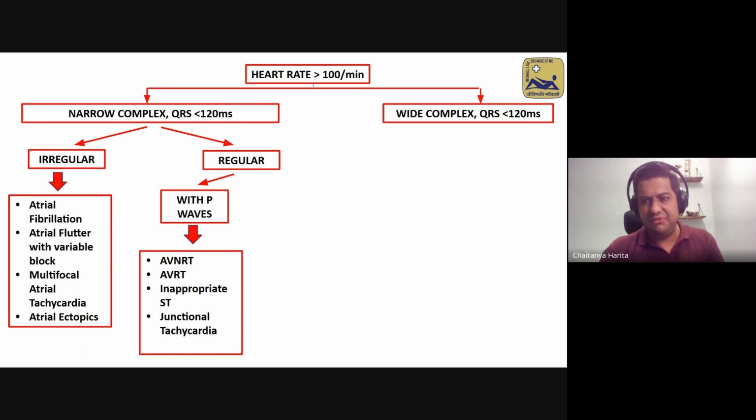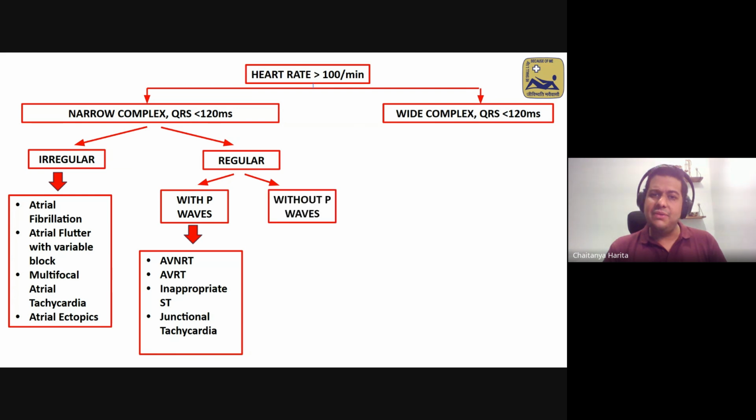Or it is AVRT, which is atrioventricular reentrant tachycardia, or inappropriate sinus tachycardia, where it is sinus, that is PQRST in sequence, but the rate is more than 120. That's called inappropriate sinus tachycardia. And then the last is junctional tachycardia, where the origin is from the AV node itself. These are regular, narrow complex with P waves.